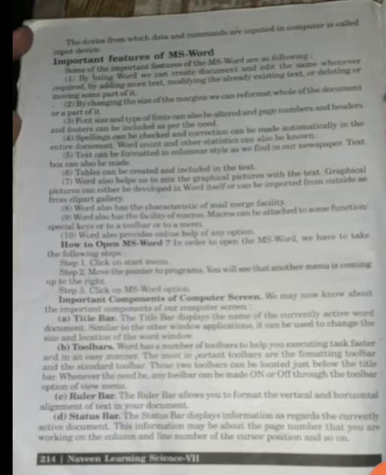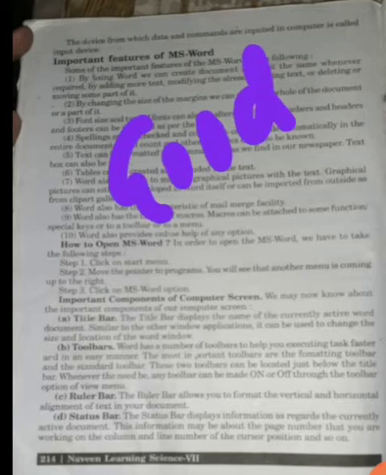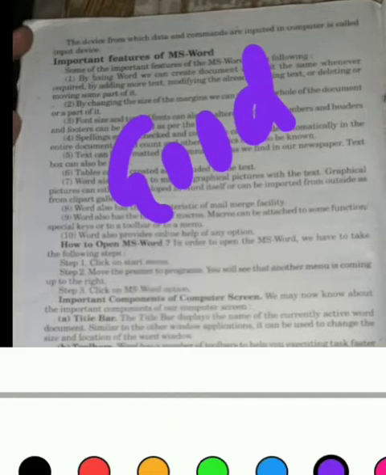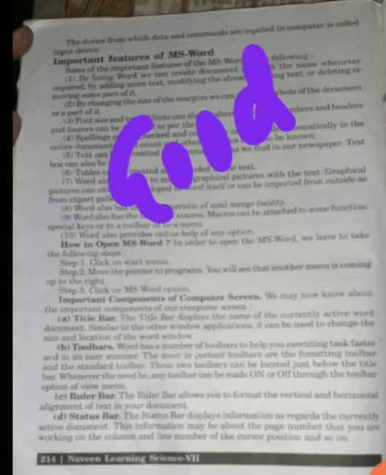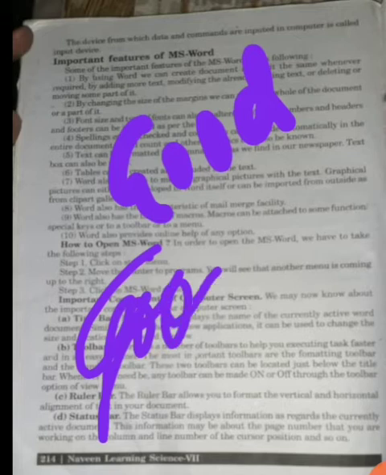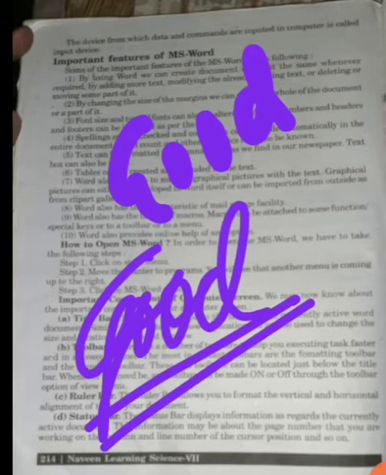Suppose I am writing good. It can be changed to cursive also. You do not have to rewrite it, you just have to select it, then go to bold or italics, whatever it is. So these are the basic applications of MS Word.